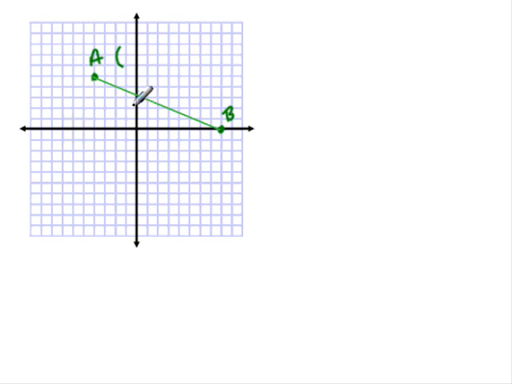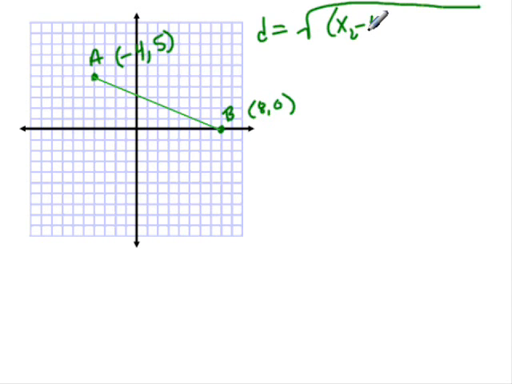So the coordinate points of A would be 1, 2, 3, 4, negative 4, comma, 1, 2, 3, 4, 5. And point B would be at 1, 2, 3, 4, 5, 6, 7, 8, 0. Using those points in our distance formula, we can say distance is equal to the square root. We'll call our formula x2 minus x1 squared plus y2 minus y1 squared.